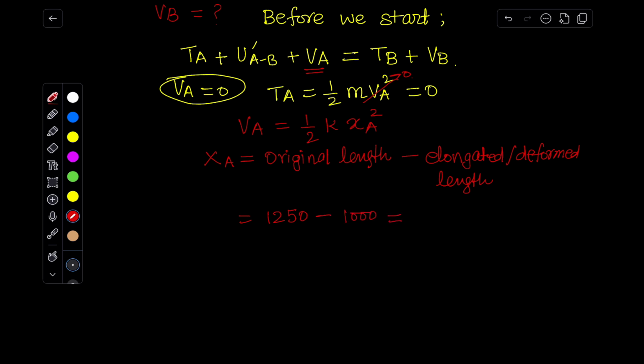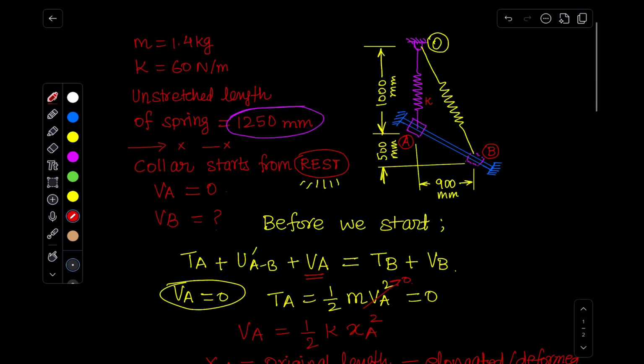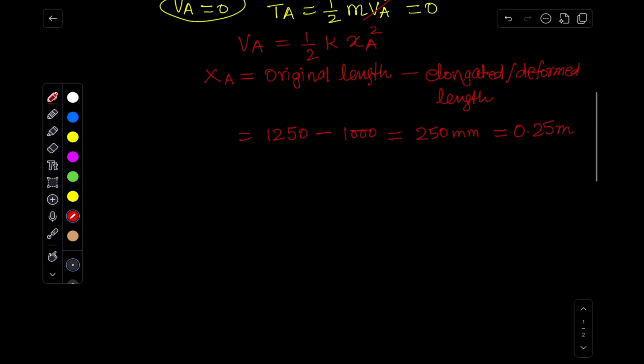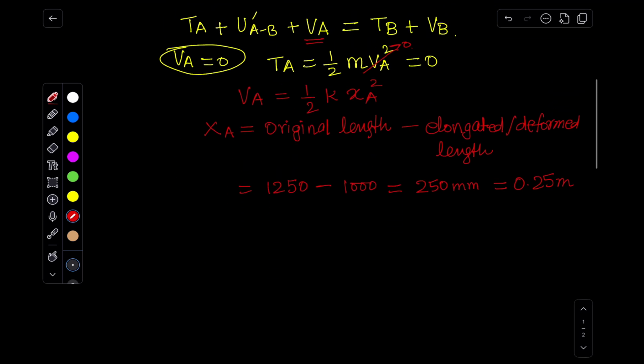If you see position A, the length of the spring at this position is just 1000 millimeter. You can see in this picture that the distance from A to O is just 1000 millimeter. So we can say that the total deformation at position A is 0.25 meter.